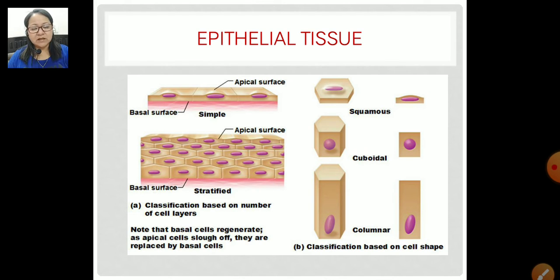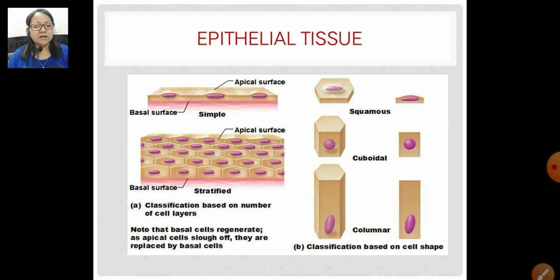So it is present in tracts where substances have to move forward. For example, it is found in the respiratory tract. If someone has a cough, the mucus comes outside. This is only possible because there is ciliated columnar epithelium which pushes mucus forward. It also lines oviducts, sperm ducts, kidney tubules, etc.